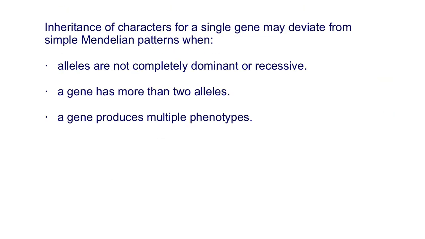Now we're going to have non-Mendelian cases where the alleles are not completely dominant. They're incompletely dominant. We'll talk about that coming up. A gene could have more than 2 alleles, like blood types. We'll talk about that. A gene can produce multiple phenotypes.